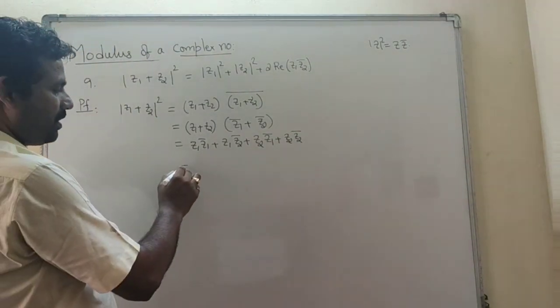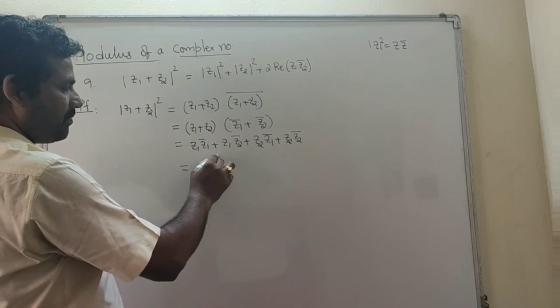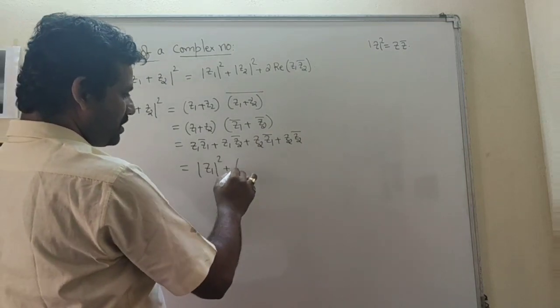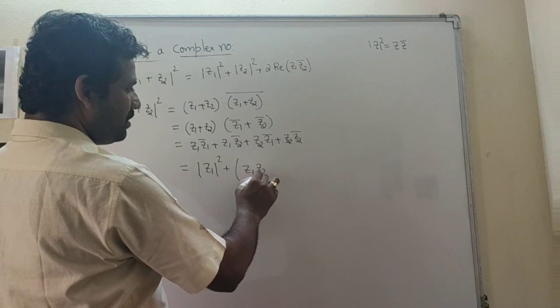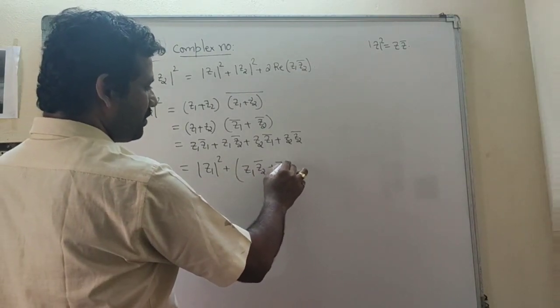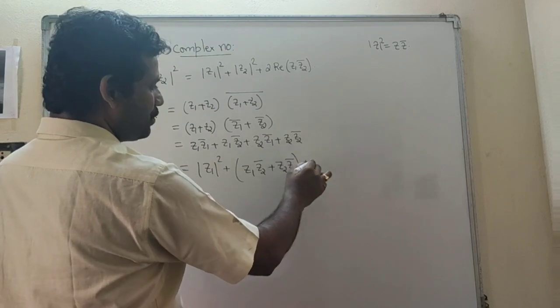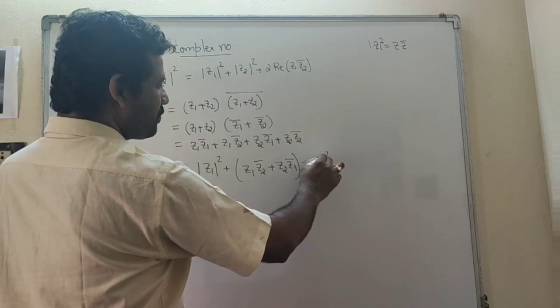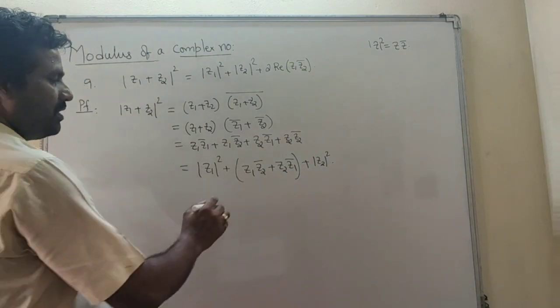What is z1 z1 bar? Mod z1 square, plus this z1 z2 bar plus z2 z1 bar, plus z2 z2 bar is mod z2 square. Okay, right.